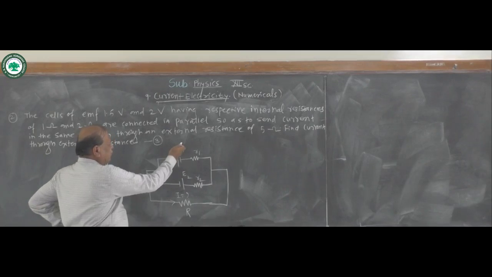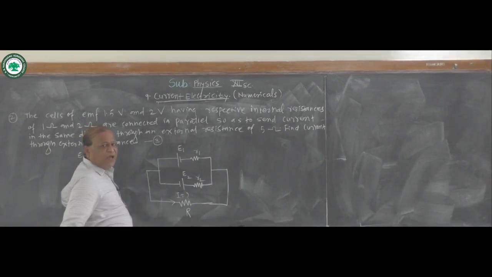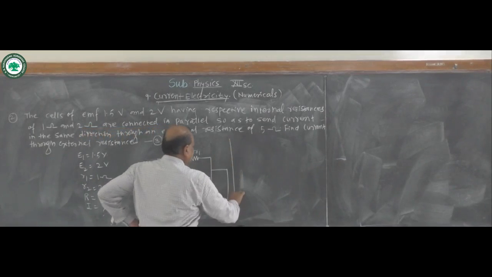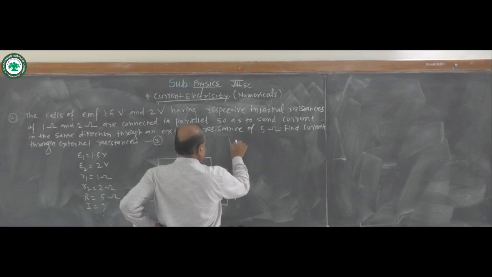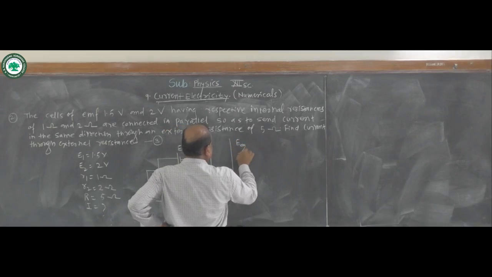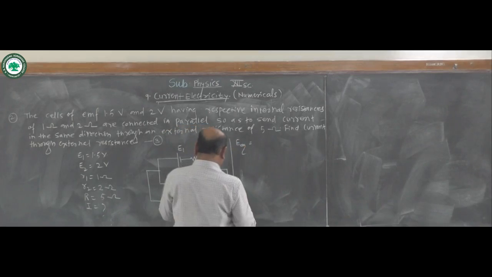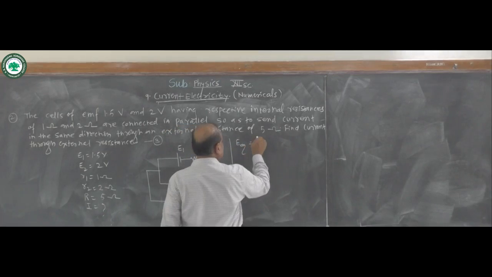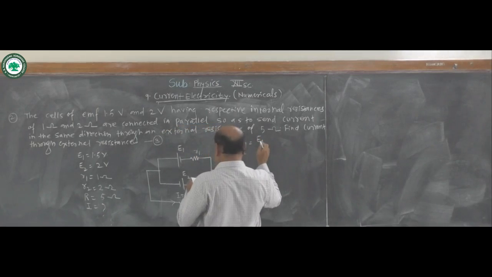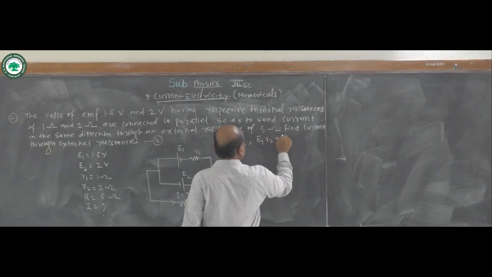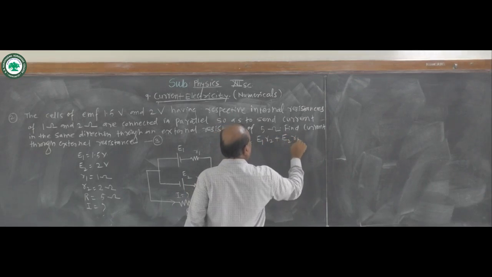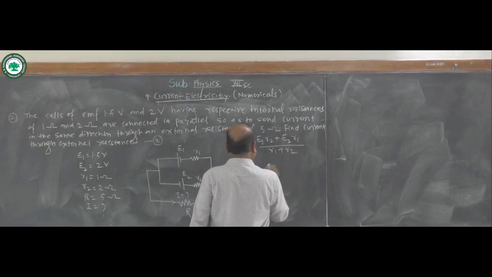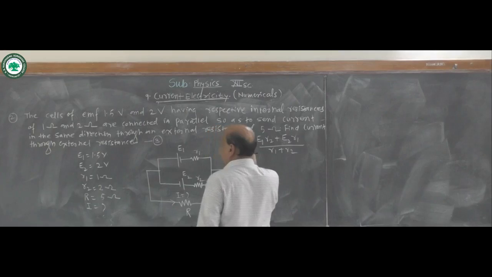Now these sources of EMF E1 and E2 are in parallel combination. We have to find the E equivalent. What is the formula for E equivalent? E equivalent is E1 R2 plus E2 R1 divided by R1 plus R2. Put the values here.